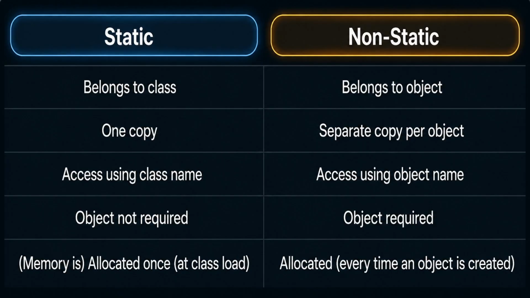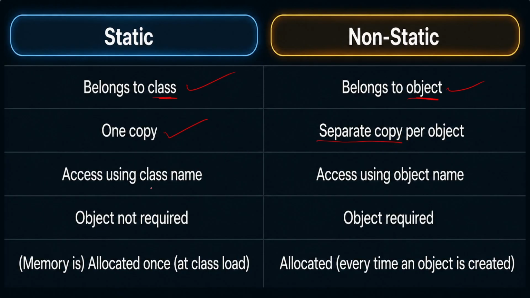Let's go point by point. Static belongs to the class and non-static belongs to the object. For static, only one copy will be loaded in memory, but each object will have a separate copy.